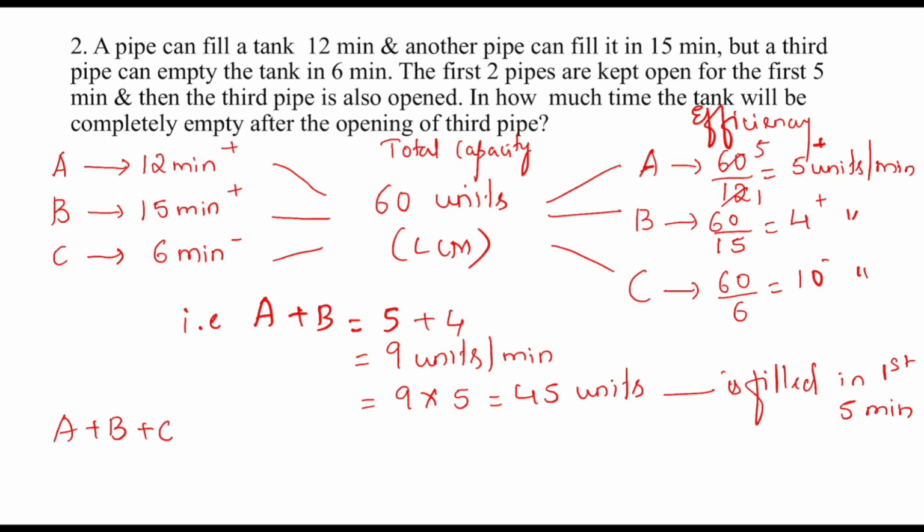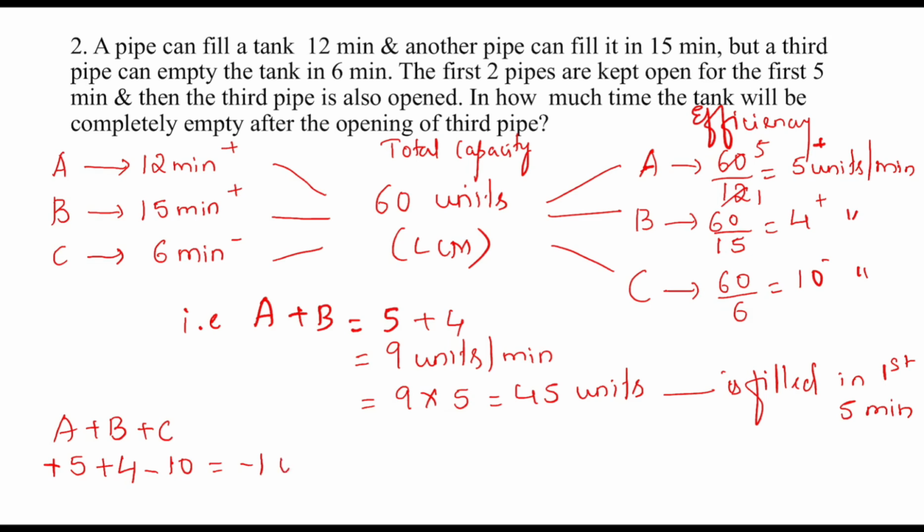A will fill 5 units in 1 minute, so we indicate it with plus 5, and B will fill 4 units in 1 minute, but C will empty the tank, 10 units, so emptying we indicate with minus 10 units in 1 minute. So totally it is plus 5 plus 4 is plus 9, and minus 10, so it is minus 1.